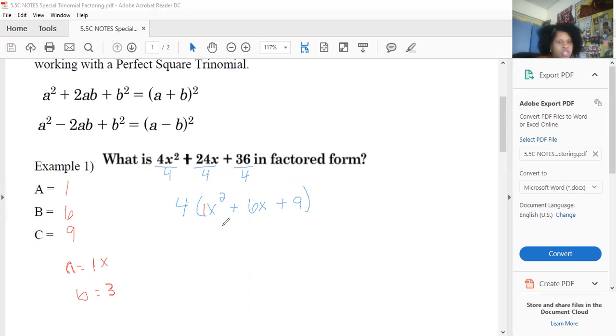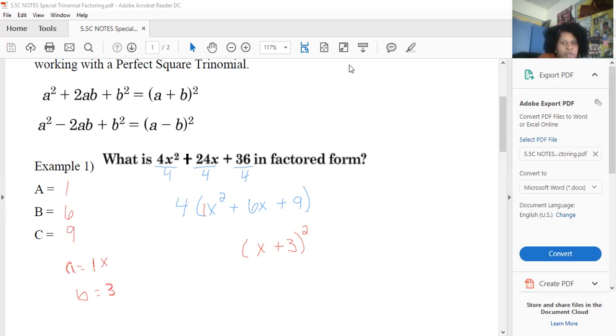So the next thing I need to check is, do the square roots multiply to give me this middle term? So 3 times 1x is 3x, and if I double 3x, I get 6x. So that checks out. So the part inside of the parentheses is going to factor into 1x plus 3, squared. And I know it's going to be plus because both of these are positive.